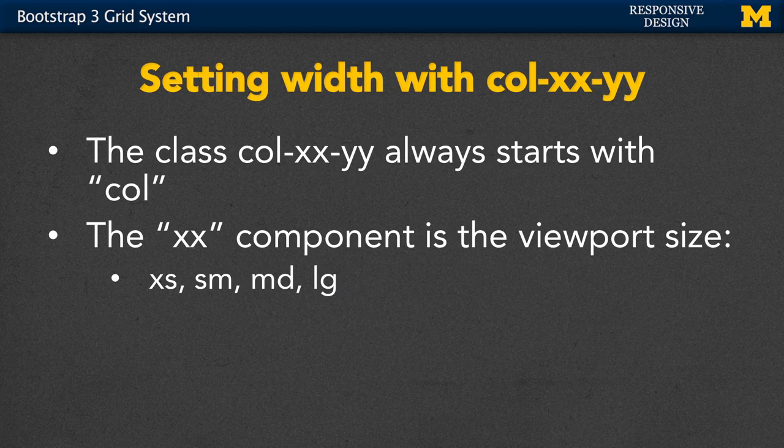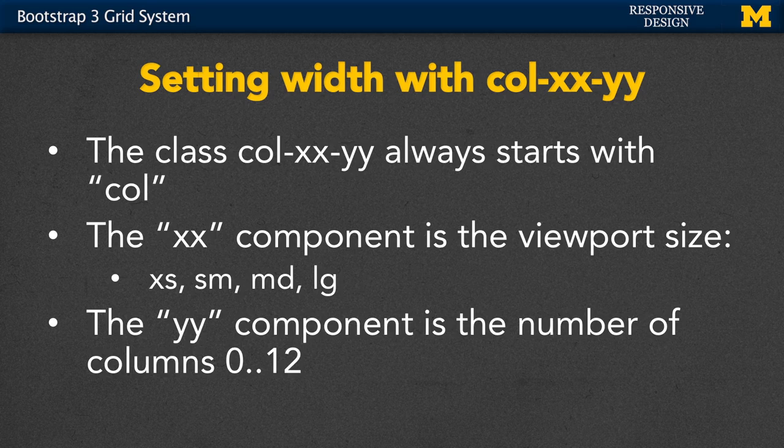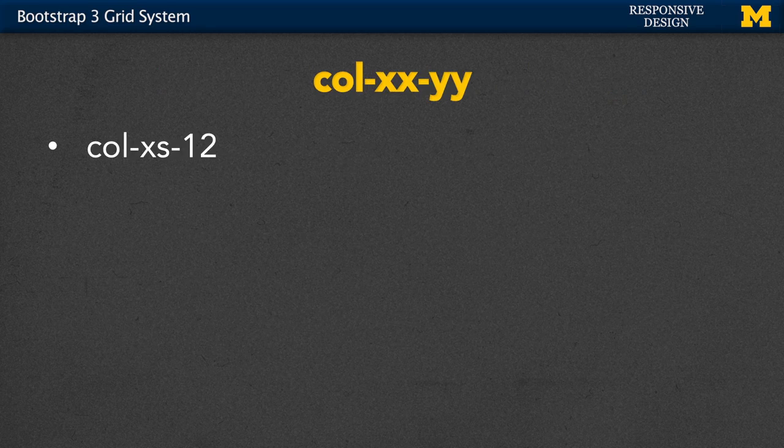Once you've declared the viewport size, you can now say exactly how many columns you want this element to take up. Anything from 0, which means it shouldn't show up at all, to 12, which means take up the maximum width that it possibly can. So if you have an element that has class equals col-xs-12, you're saying, oh, if you're viewing this on a small screen, it should take up the full width.